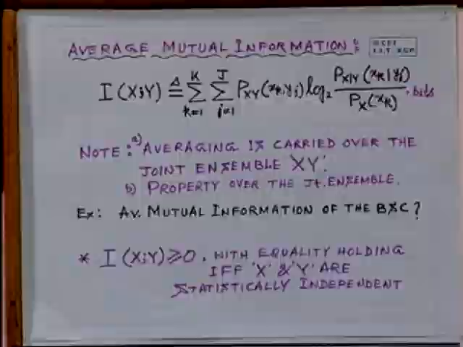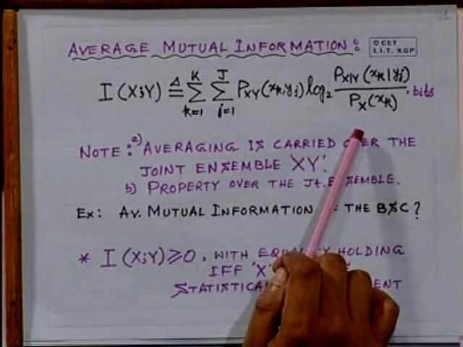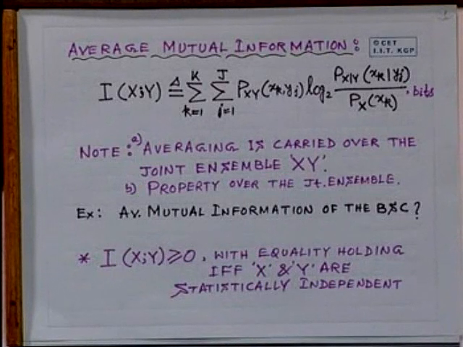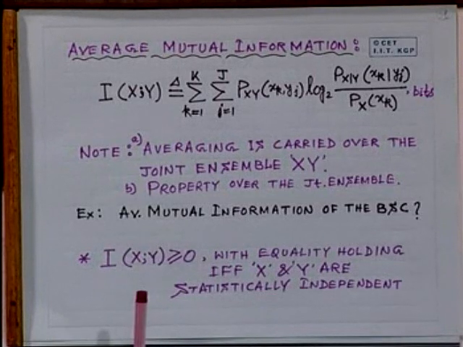We are still talking about a discrete joint ensemble X Y. Is this expression different from the earlier expression of mutual information? It's just a summation. There is no difference, but there is a summation over all the values, all the combinations.